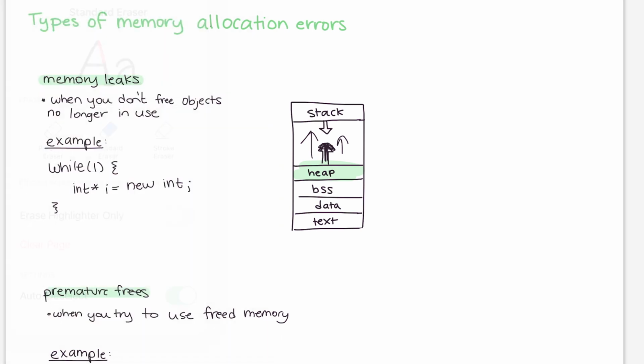Sorry, I want to erase this. Okay, I have a dumb example: say you have a while loop that goes on infinitely. Whenever you're allocating more memory in the heap, you can use either the keyword new or malloc. Remember that if you're using malloc, you have to use the corresponding free.